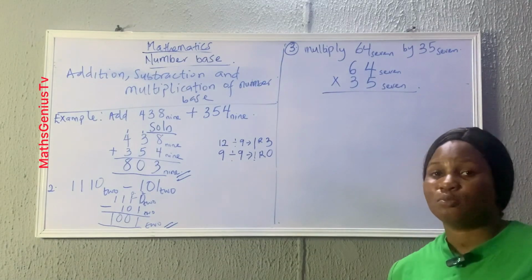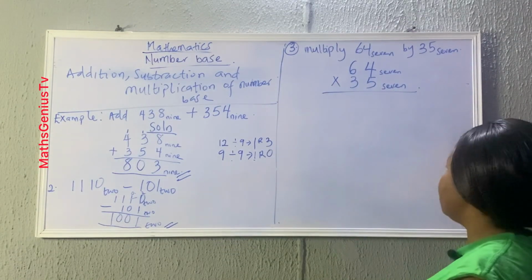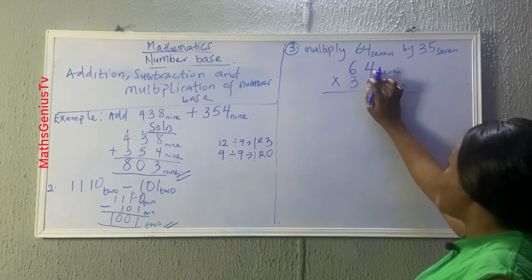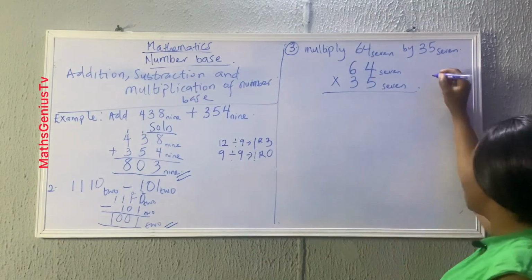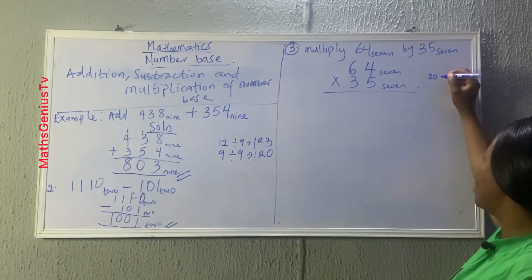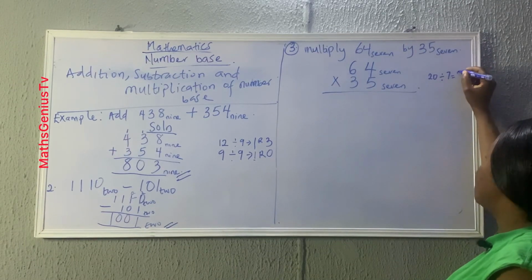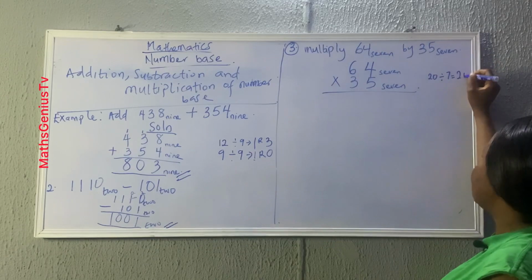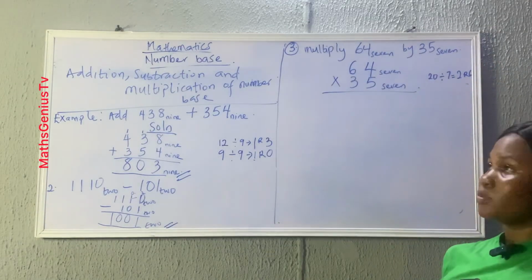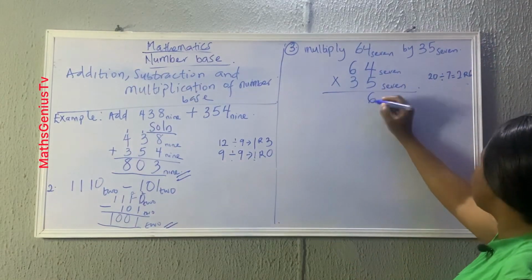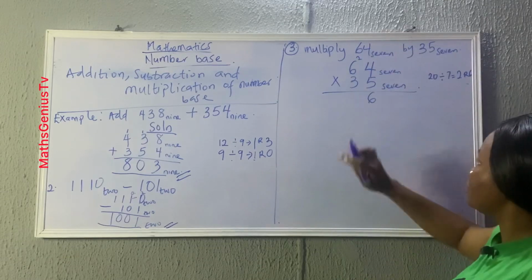We are using the long multiplication method of solving. 5 times 4, 20. 20 is more than 7. So 20 divided by 7 will give us 2, which is 14, remainder 6. So we write our remainder 6, and we keep our 2.